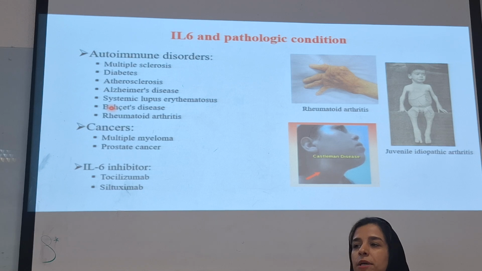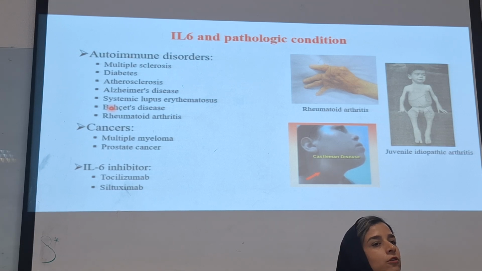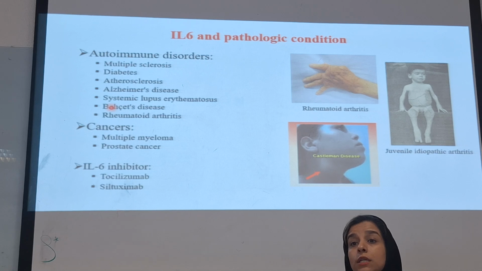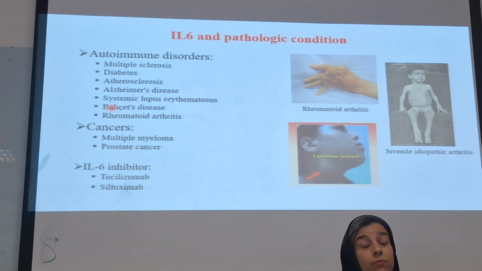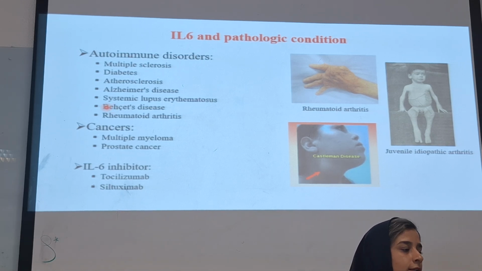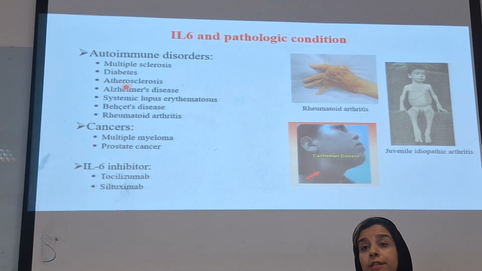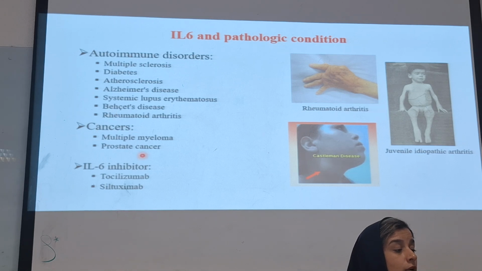When inflammatory cytokines like interleukin-1, interleukin-6, and TNF-alpha are produced in a huge amount, they lead to the autoimmune disorders that I listed here. Also, apart from autoimmune disorders, this cytokine is able to lead to some cancers like multiple myeloma.